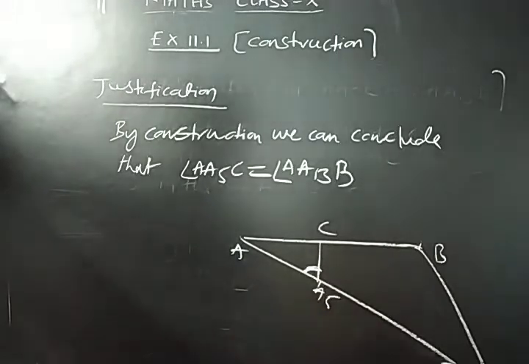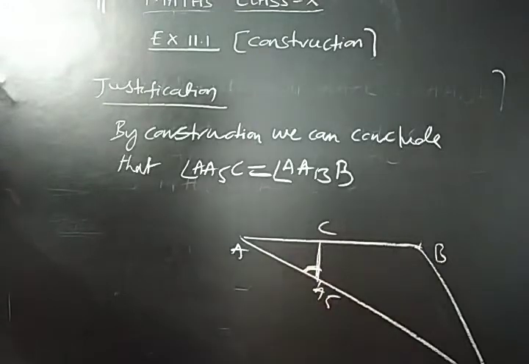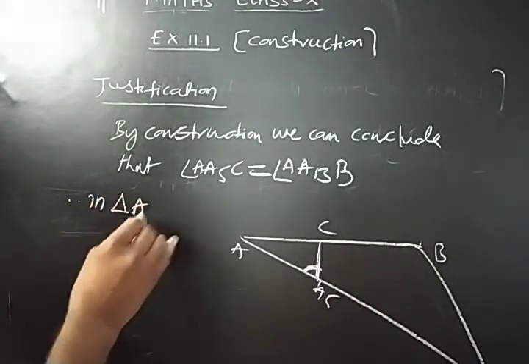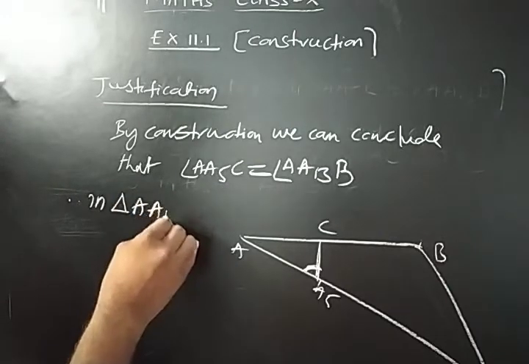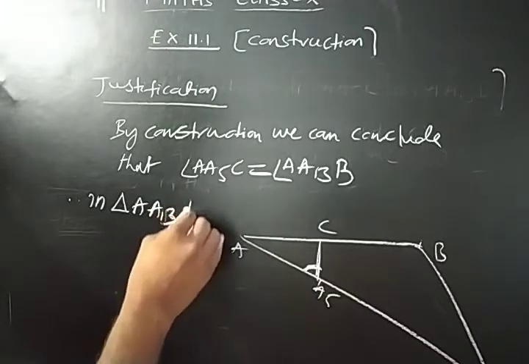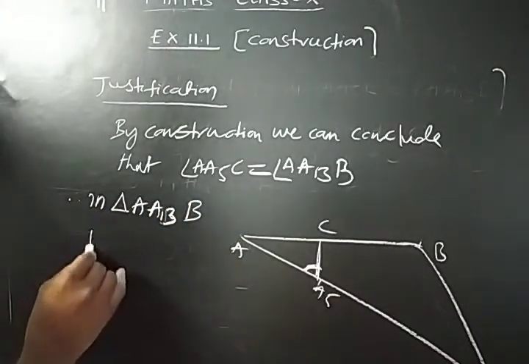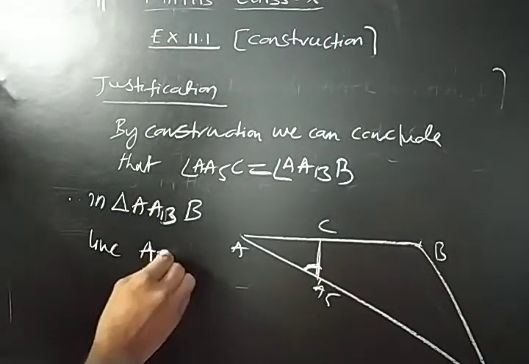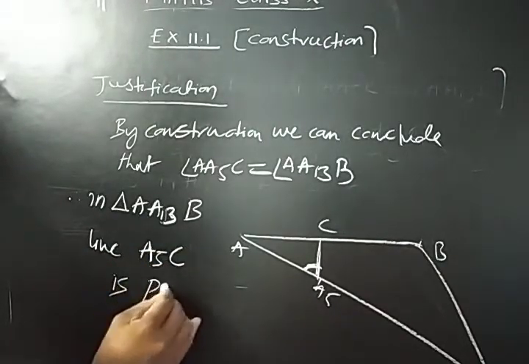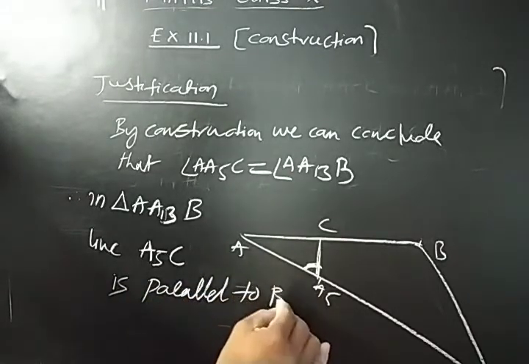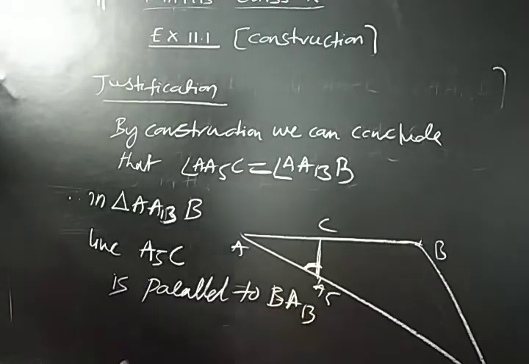Now this angle is equal, right? And this is the parallel line to AB. So therefore in triangle A13B, line A5C is parallel to BA13.